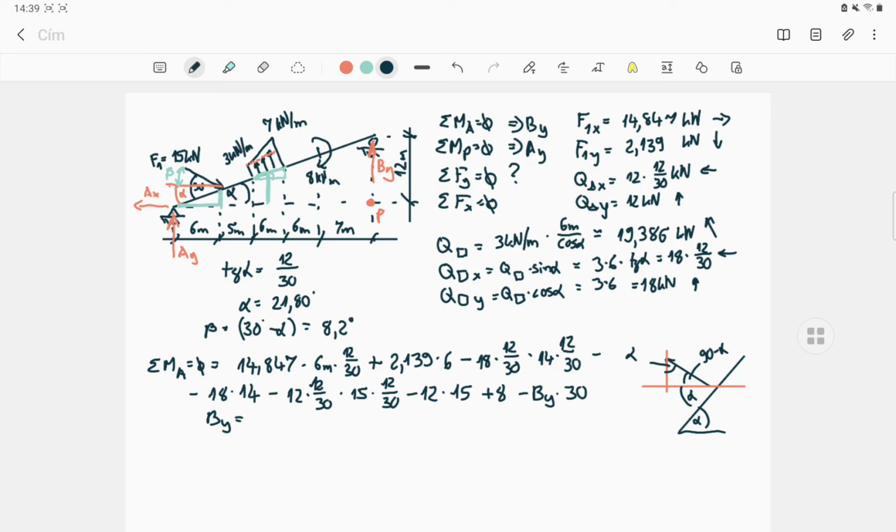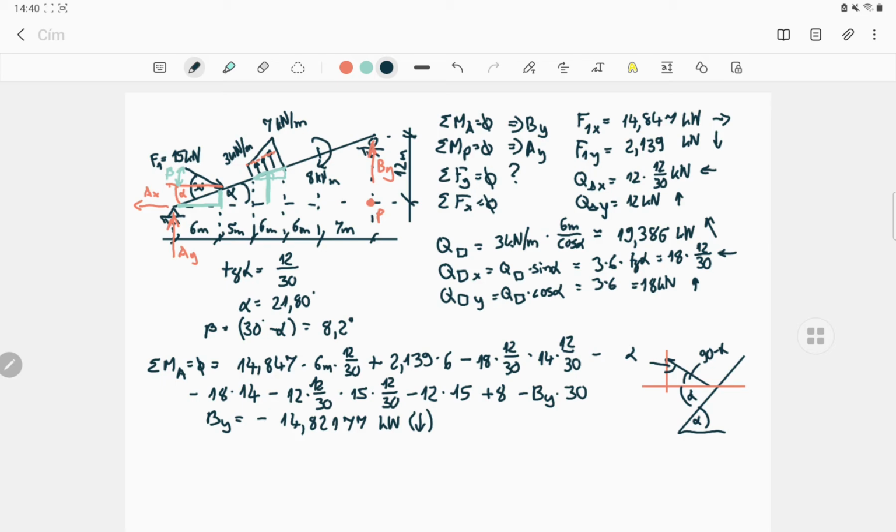This is a negative number here, so if I move to the other side, that will be positive, but I have to divide back with negative 30, so the result will be negative. Let me see, it's 14.8217. The minus means again the same as was in the horizontal beam, so I have to turn it, not up, but in this case it's down.